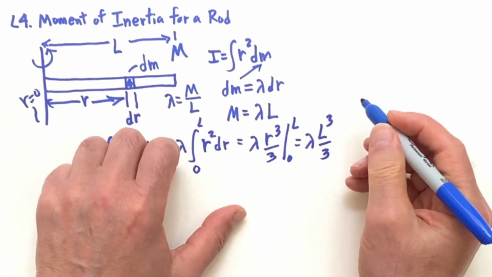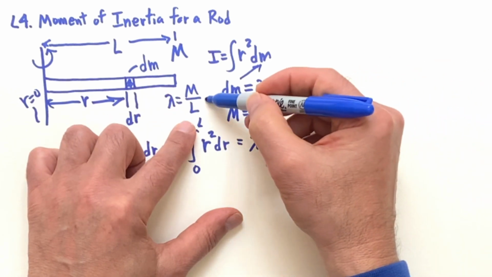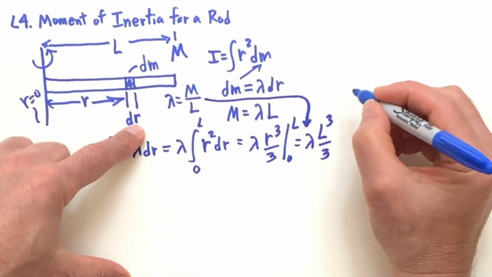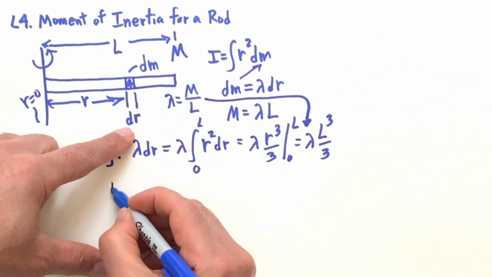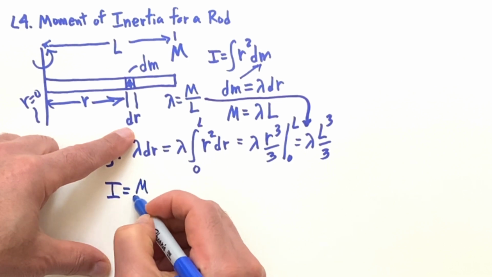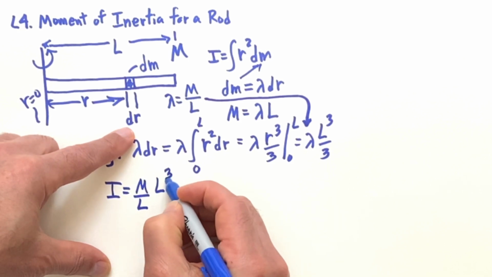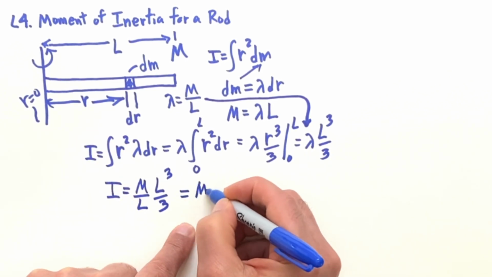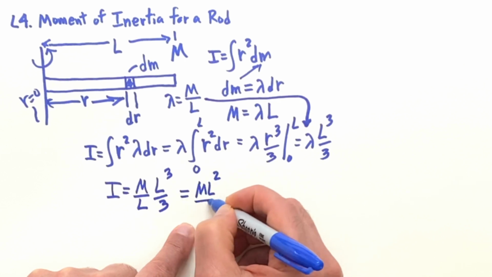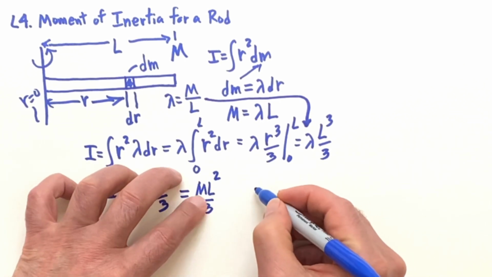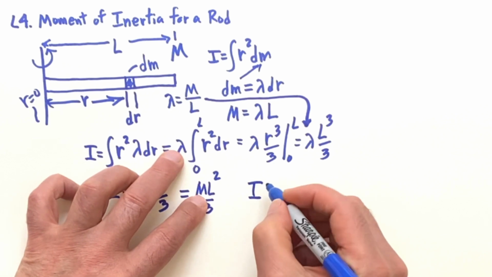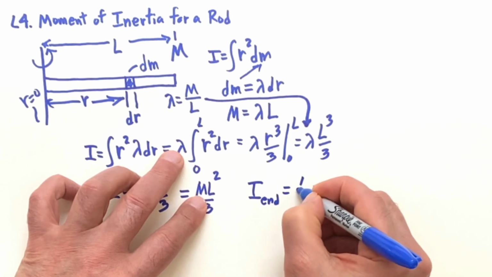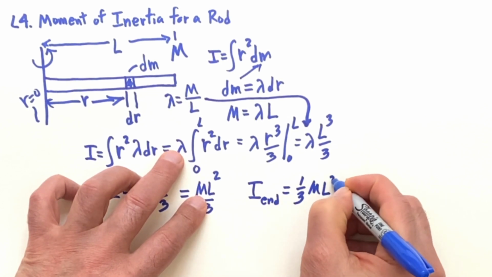Now, the last step is to replace for lambda the m over L. So m over L times L cubed over 3, and L goes out, and we have mL squared over 3. So we have, for the moment of inertia about the end, 1/3 mL squared.